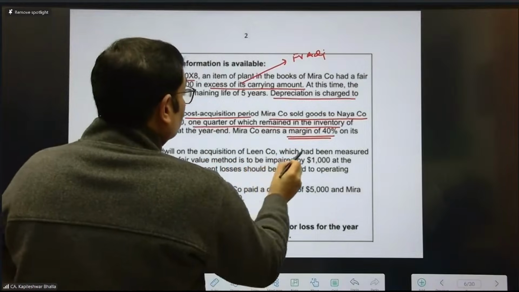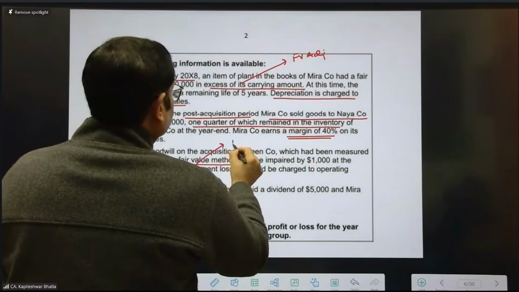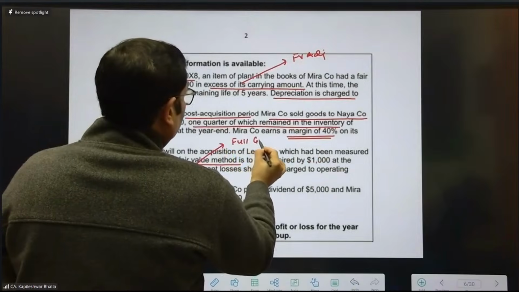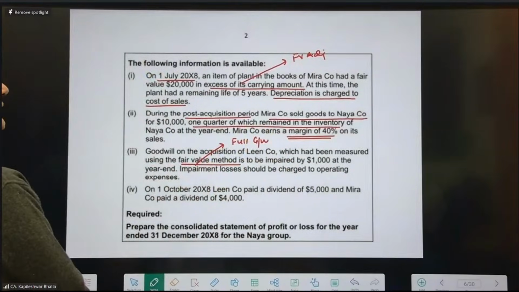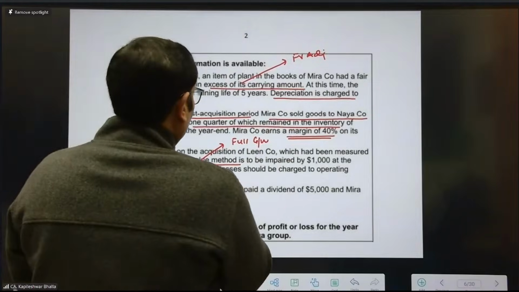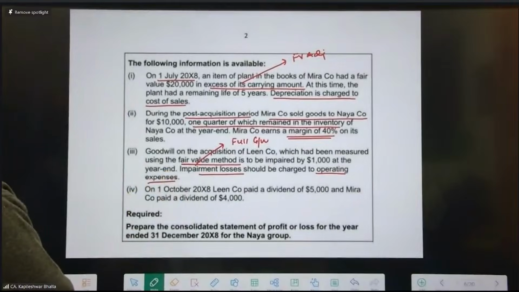Goodwill on the acquisition, which has been measured using a fair value method, which means it is supposed to be a full goodwill because we've taken a fair value method. It is to be impaired by 1,000 at year end. Impairment losses, it says, to be taken as a part of the operating expense. So goodwill impairment is also given.